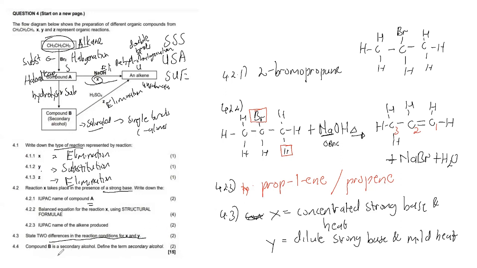Now, compound B, they say 4.4. Compound B is a secondary alcohol. Define the term secondary alcohol. How do we define a secondary alcohol?